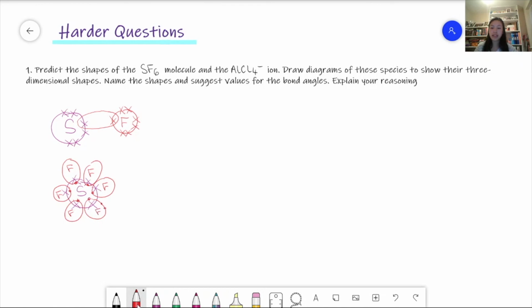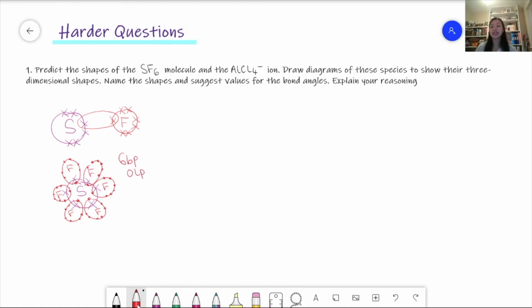And they would still have their 6 on the outside. So then we count up the bonding pairs and the lone pairs. We don't have any lone pairs, we only have bonding pairs, and we have 6 of them. So we must have 6 bonding pairs and 0 lone pairs.